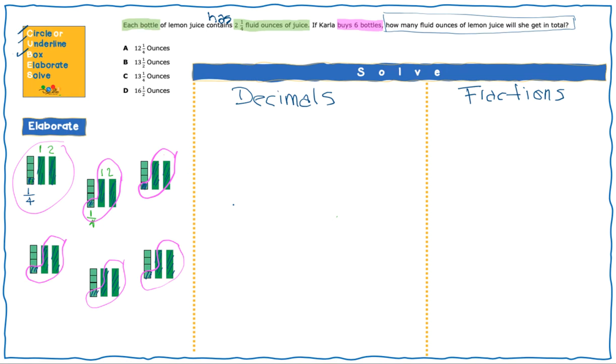The question is, how many fluid ounces of lemon juice will she get in total? Let's count all our ones and twos first. 1, 2, 3, 4, 5, 6, 7, 8, 9, 10, 11, 12. So far, I completed 12 in total, right? Awesome.